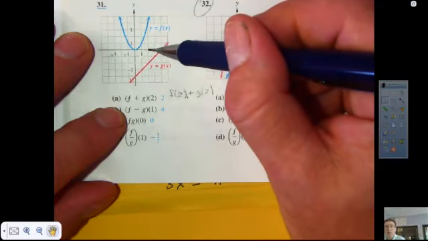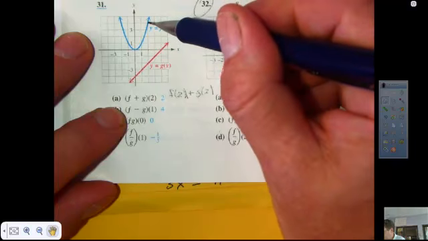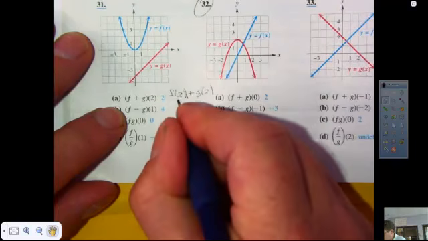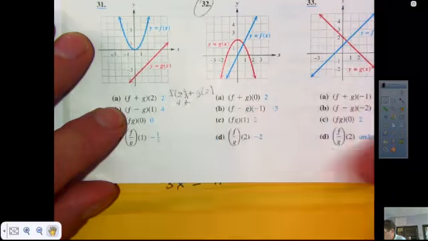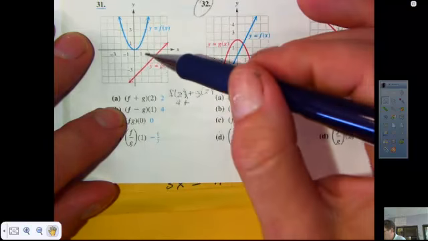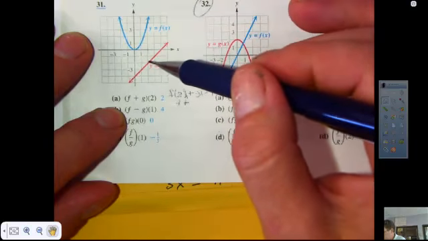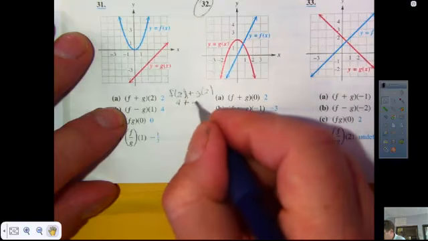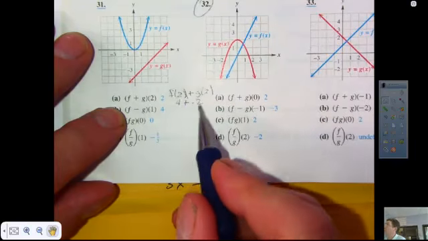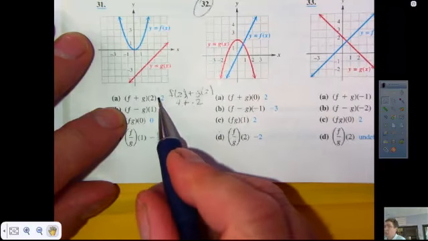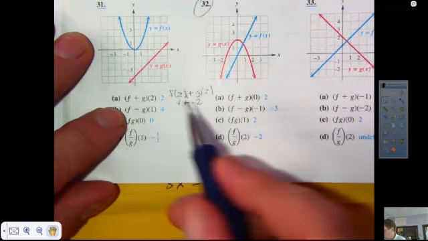It looks like it is 4. That's 4 plus g of 2. When x is 2, g is negative 2. So 4 plus negative 2 would be 2. That's all you've got to do on these.